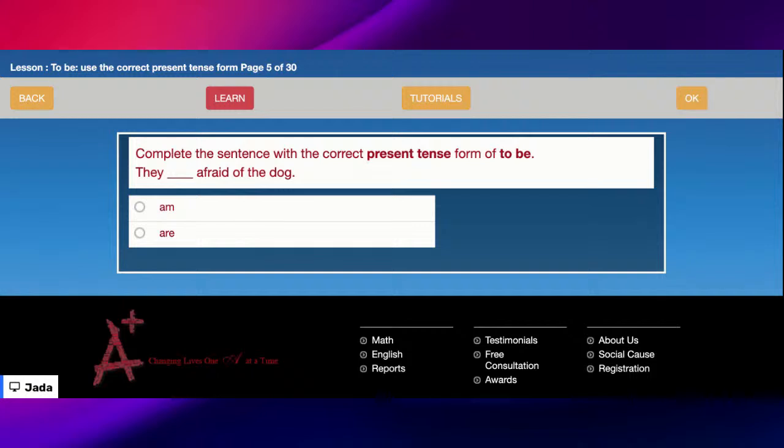They are or they is? Because are goes with they.